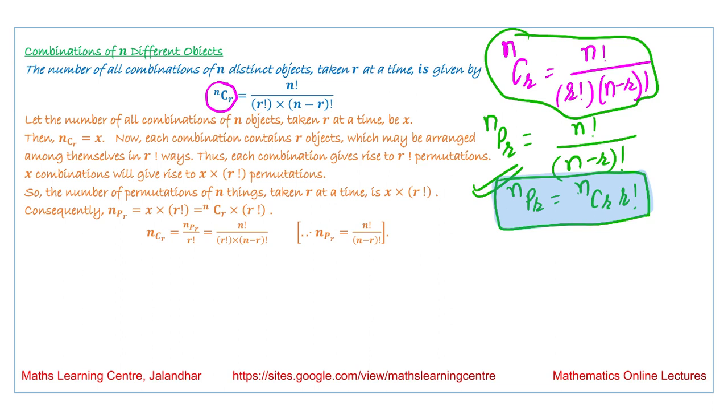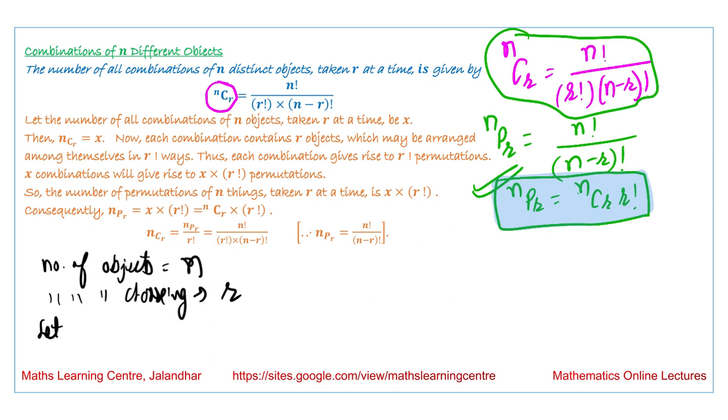So the proof of this result: suppose the number of objects we have is equal to N. The number of objects we are choosing out of these N objects is R, and let the number of combinations we have be equal to X.